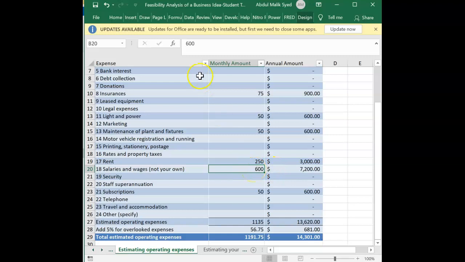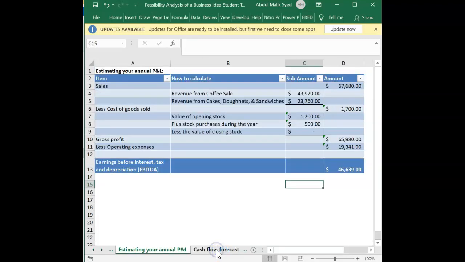Or maybe we can increase the cost, because let's be realistic, make it 1000. So even then, it's a good business opportunity. It's still profitable if you are able to sell 100 coffees per day.